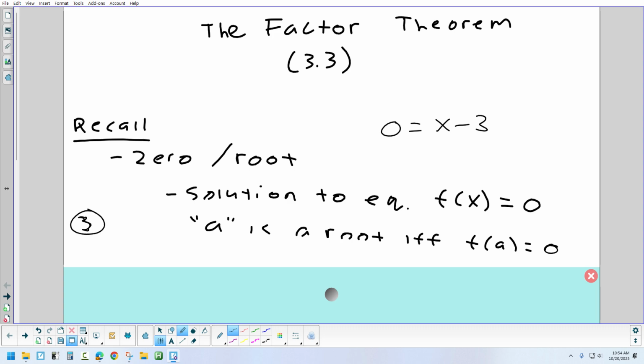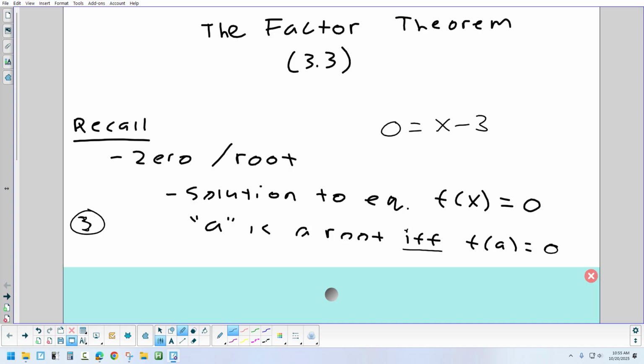So there's two things you can say about 3. You can say, since 3 is a root, when you plug it in, you will get 0. Right? So this is saying, if a number is a root, then you plug it in and you get 0. So that's reading it forwards. You can also read it backwards.